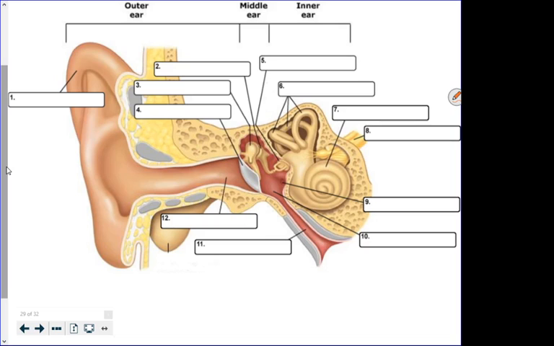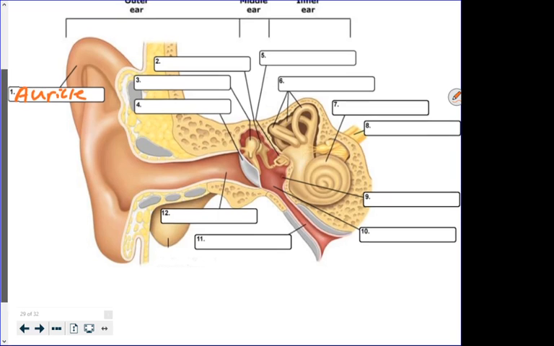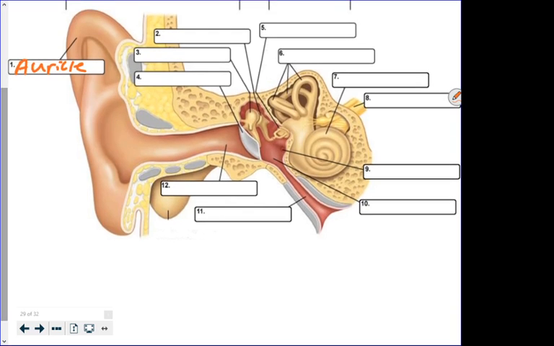All right, I digress. The outer part of your ear is called the auricle. And then moving in, this is where all that ear wax develops and where you get your Q-tips stuck and everything like that. That is called the external acoustic meatus.